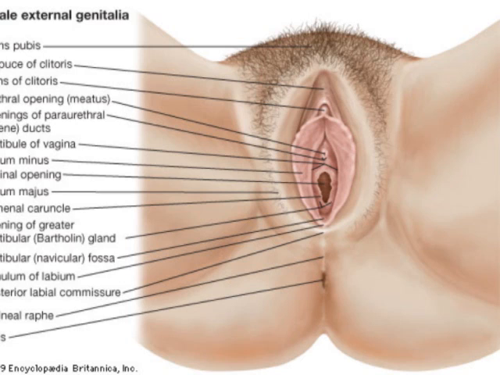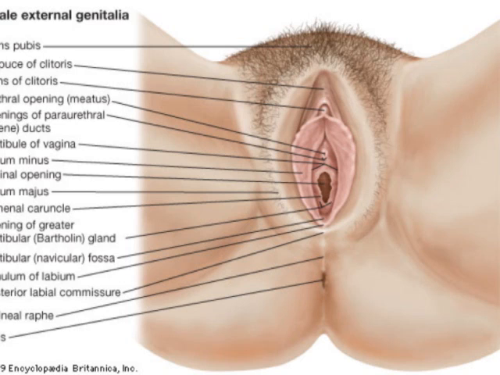And then to the left and right part, we have the labium minus, and then below that we have the vaginal opening, and then the labium majus, and the hymenal caruncle.